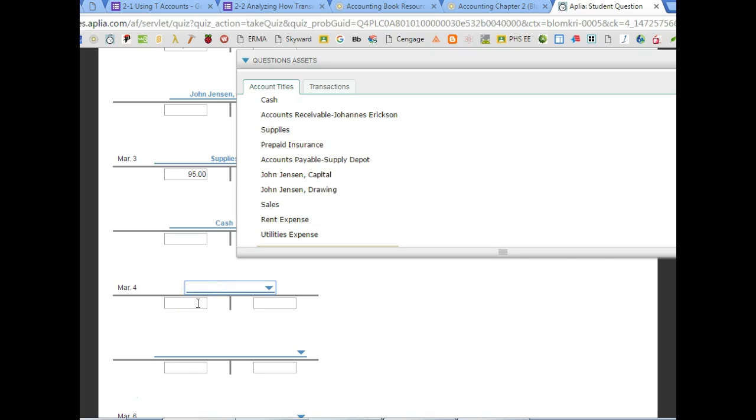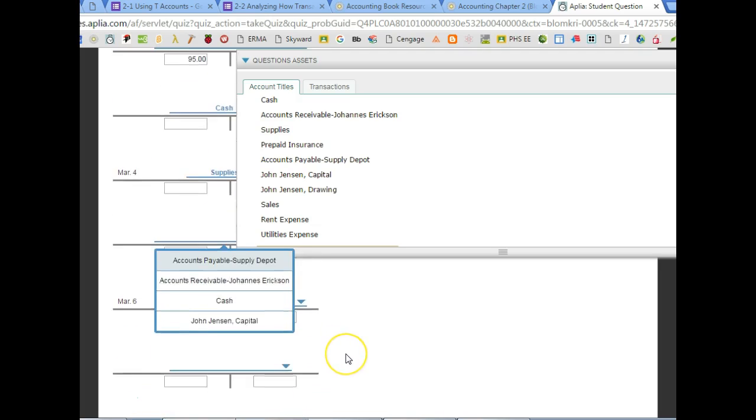We'll do a quick look at this transaction from March 4th. We bought supplies on account from Supply Depot for $120. You always want to consider, is any cash changing hands with this transaction? And the reality is no, we bought on account. So the first thing we're going to be looking at is our supplies.